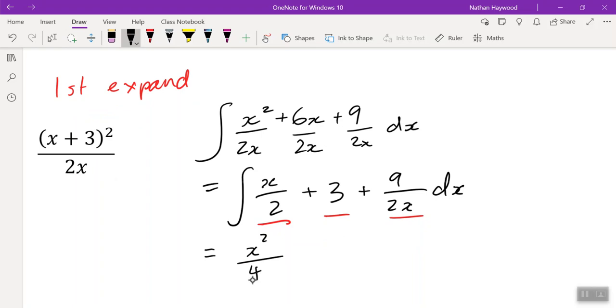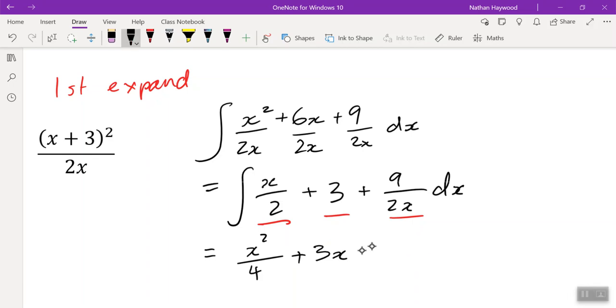Remember the basic rule we did a very long time ago? For integrals, add 1 to the power, divide by the power. What's the power here? It's 0, so it becomes 1, or x to the power of 1.